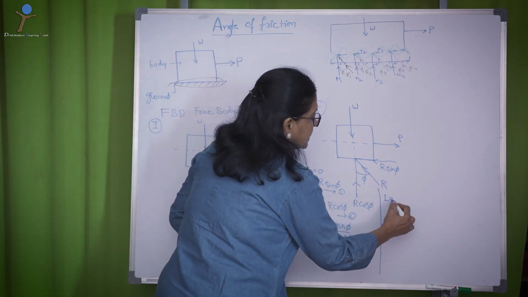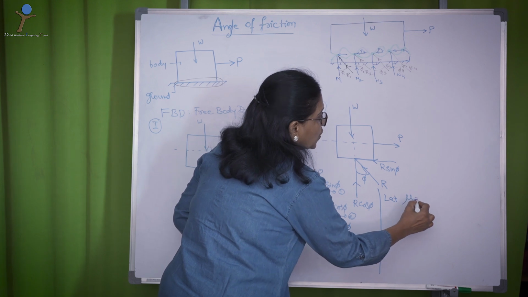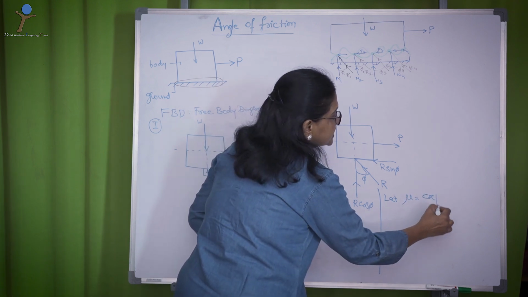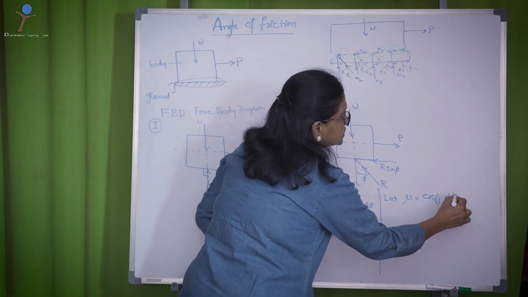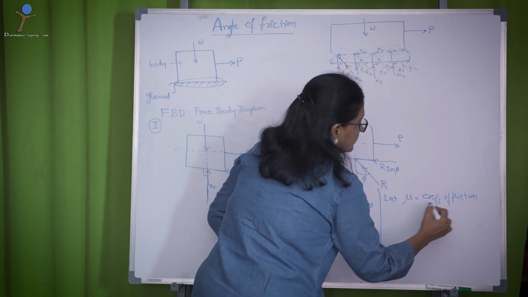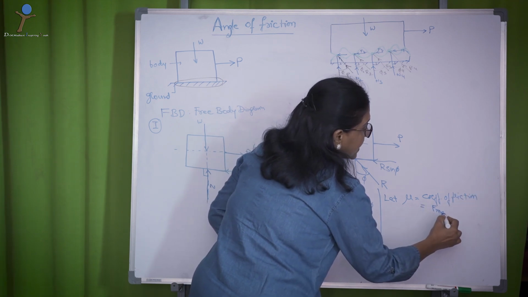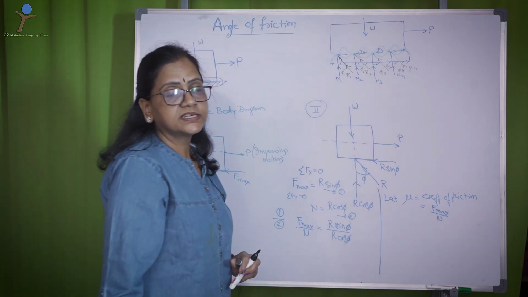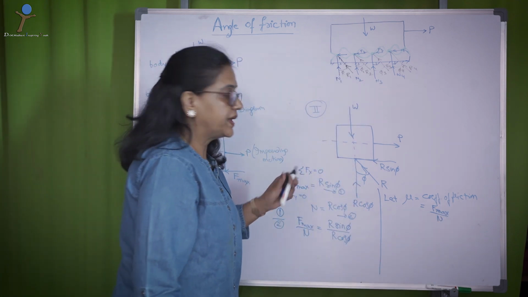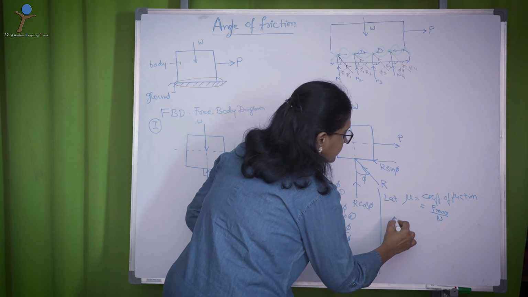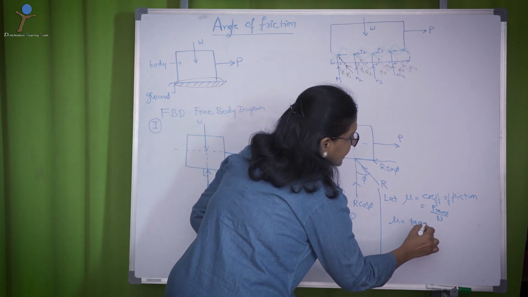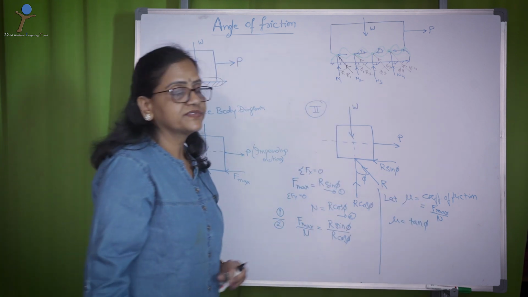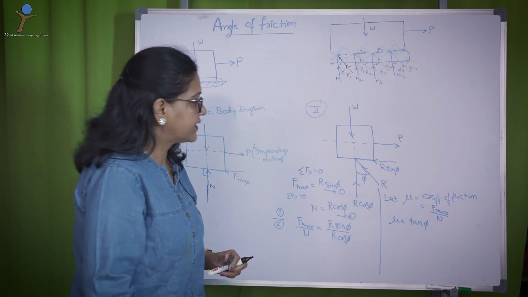let us assume that mu, that is the coefficient of friction, is equal to the ratio of the maximum limiting friction divided by the normal reaction exerted by the ground on the body. So, I say mu is equal to tan phi, because the ratio of sin phi by cos phi is tan phi.